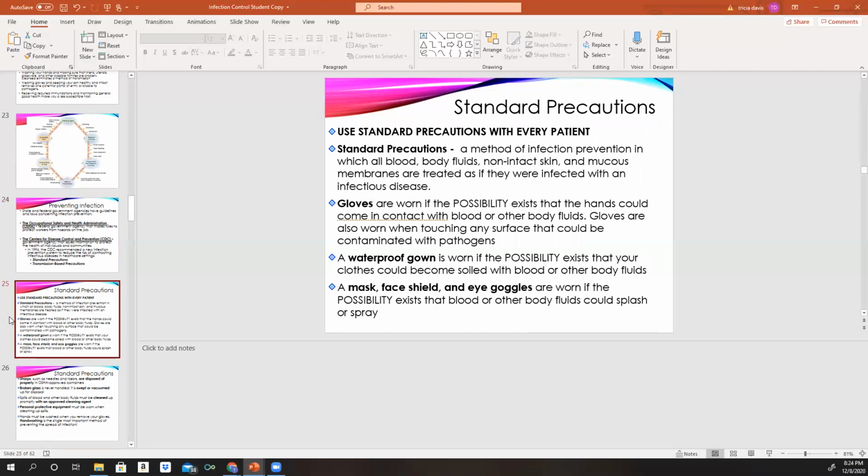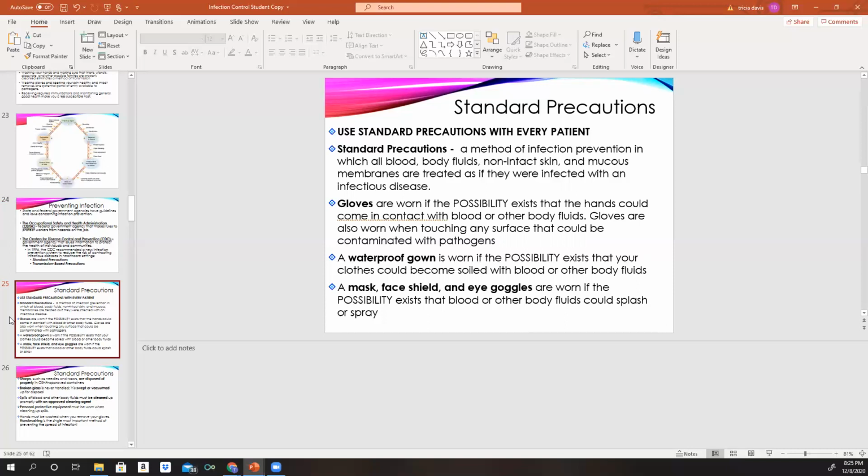So standard precautions. As nurses, it's imperative that we understand the various precautions or barrier techniques if we have to use them, and correctly how to use them so that we can minimize infection risk to patients as well as to ourselves too. We don't want to get any infections. So first and foremost, you always use standard precautions with every single patient.